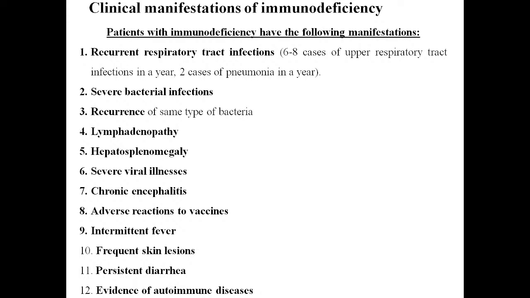So, let's make a conclusion. Patients with immune deficiency must have some of these manifestations, 3 or 4, for example, or 2. When we observe these manifestations in a patient, we can say that she or he has immunodeficiency.